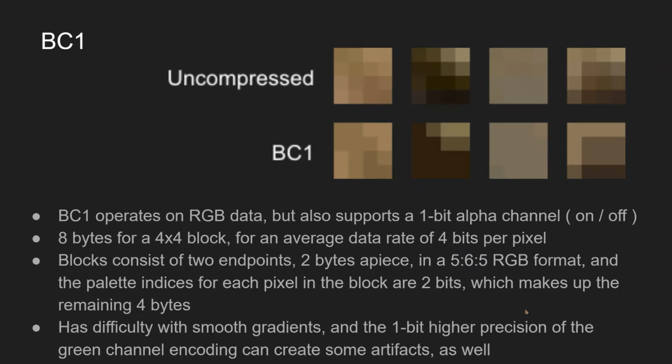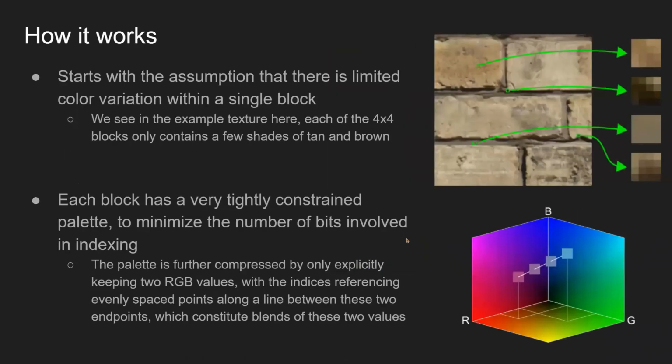And then for each pixel on the block, it's using 2 bits to index into this line segment. You can imagine 0, 0, 1, or 0, 0, 0, 1, 1, 0, and 1, 1.